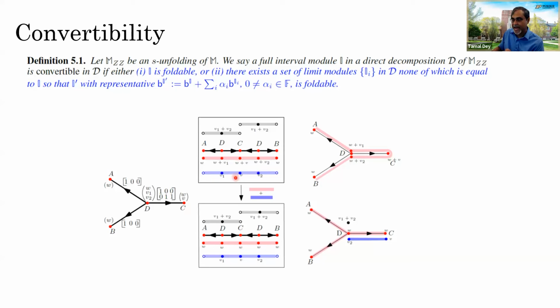Whenever I say add a limit module to a full module, I mean add the representatives pointwise. If I add this limit module to the red full module here, I get back this module. Its representative has changed because of this addition, but because of this addition, this full module has become foldable. So now I can fold this one.